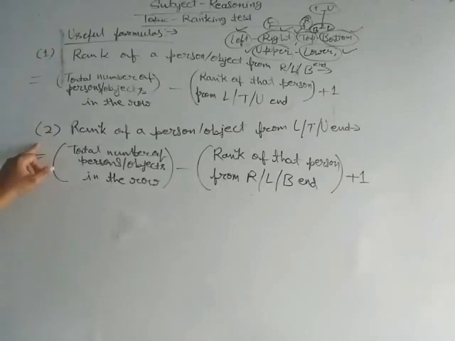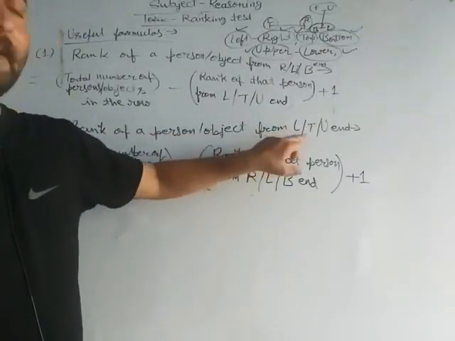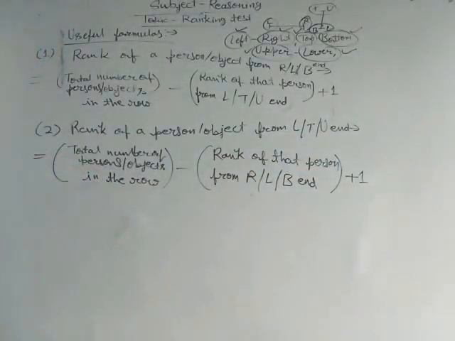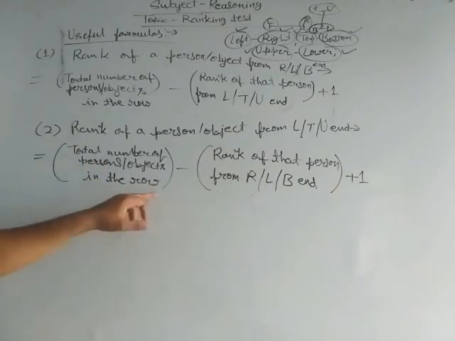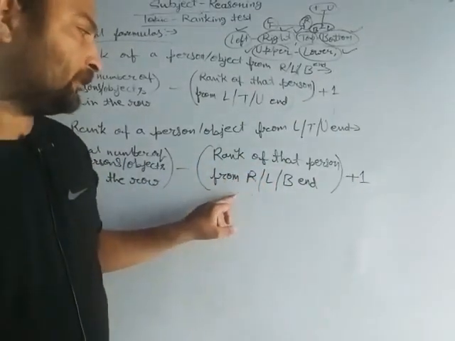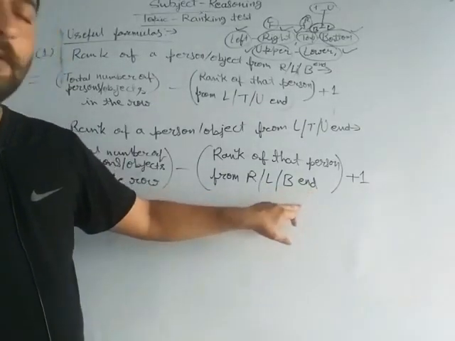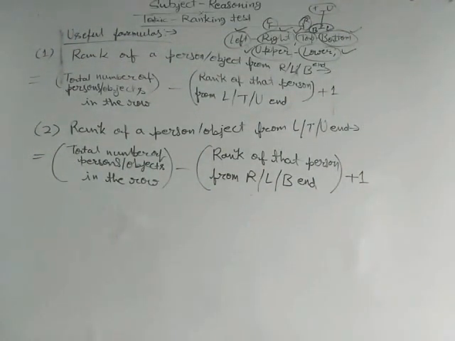And the second, for rank from left, top or upper end: total number in the row minus rank from right, lower or bottom end, plus 1. Okay, these are the formulas.